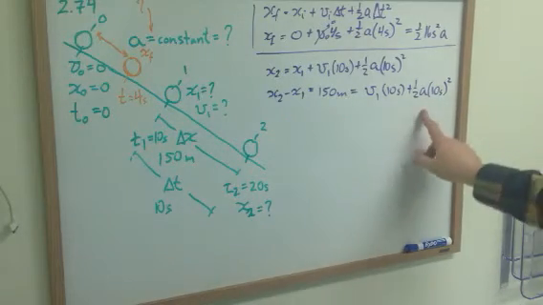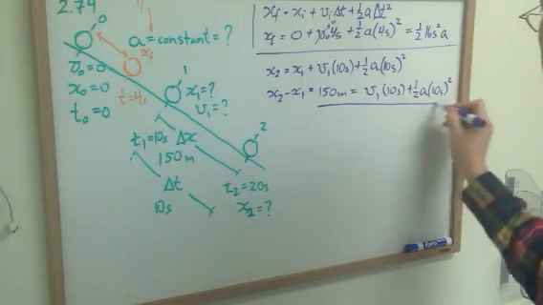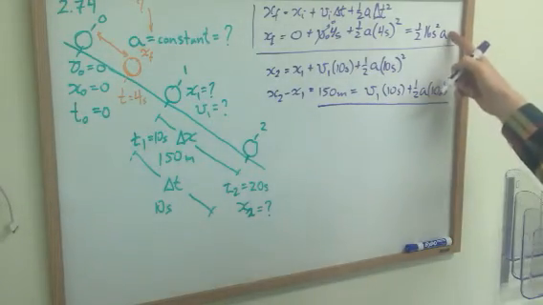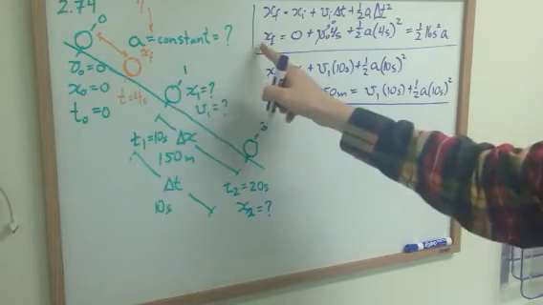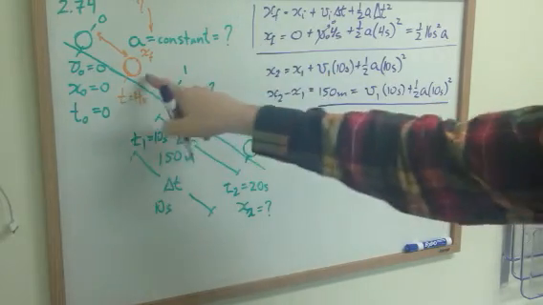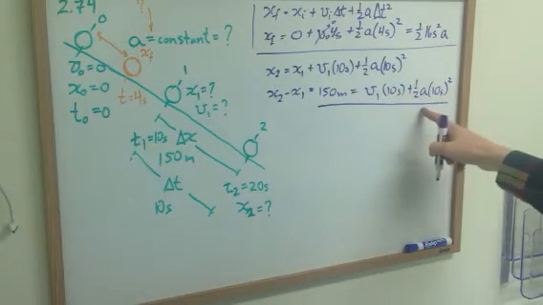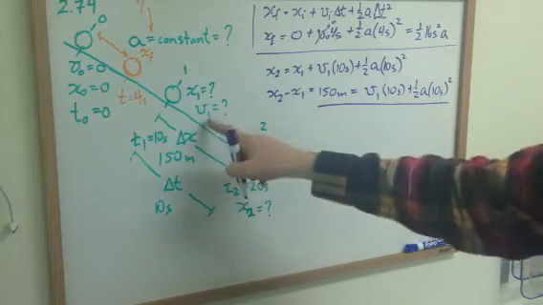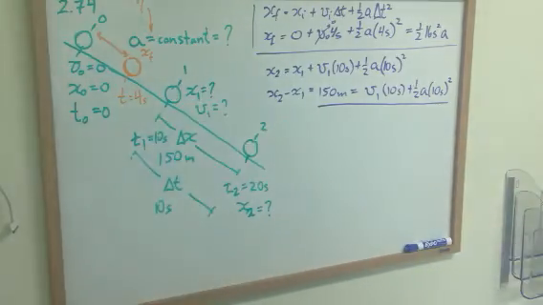A we don't know. So there's now two things we don't know. Acceleration is what we want to find the answer to the question. So the question has shifted from what's this distance to what's the acceleration. To find the acceleration, I need to know the velocity here at 1, the initial velocity for that second 10 seconds.